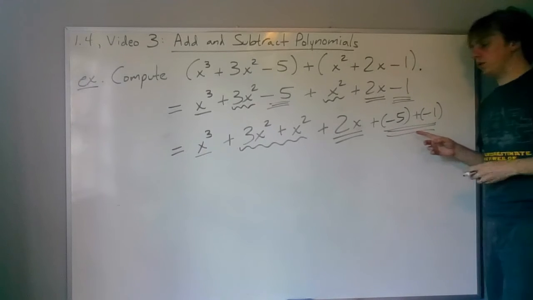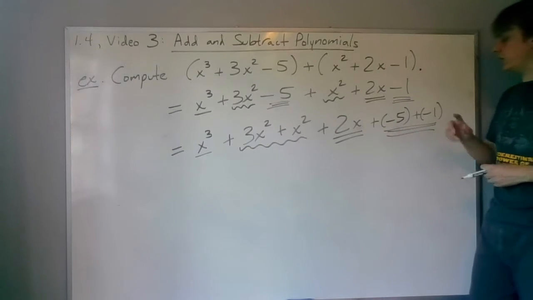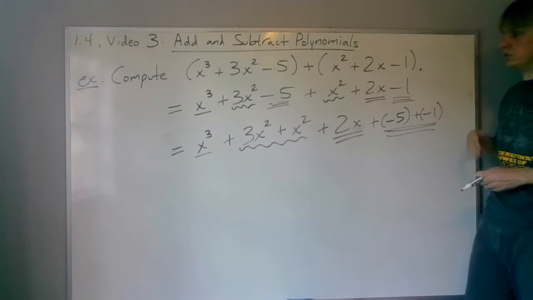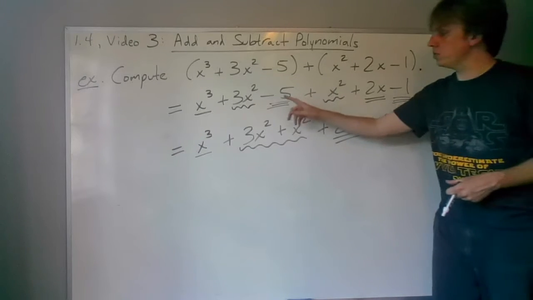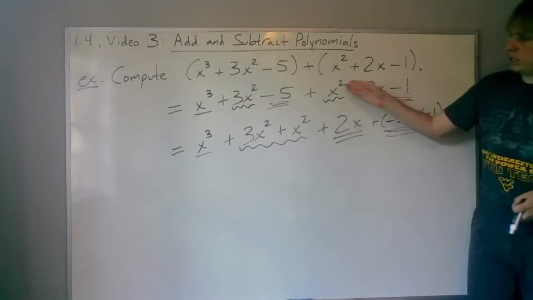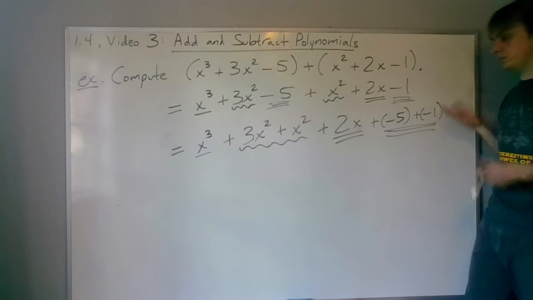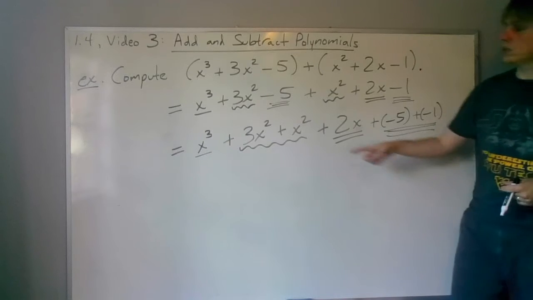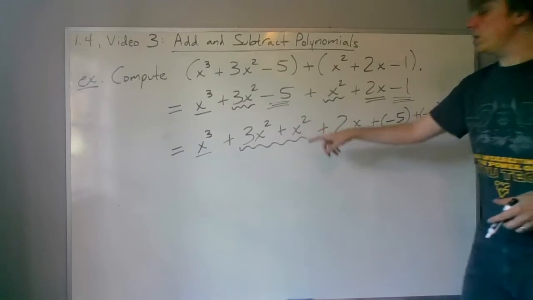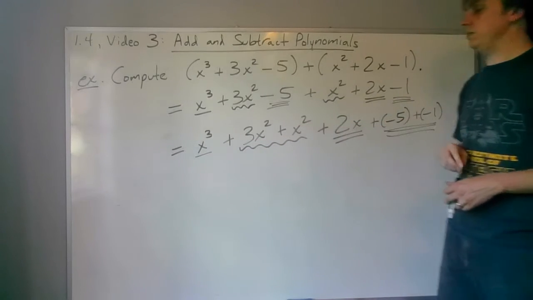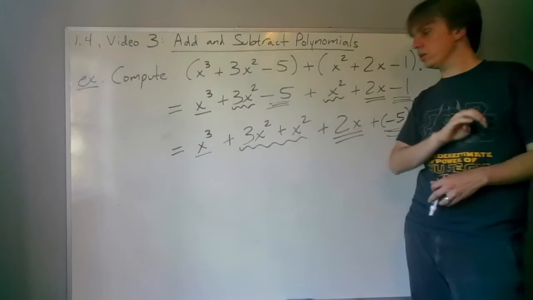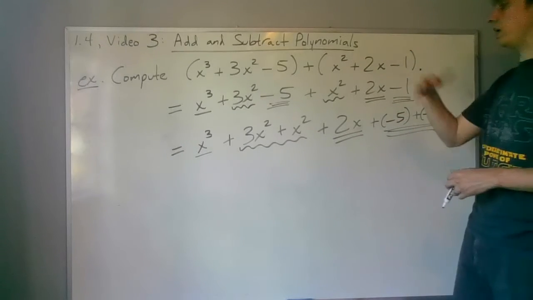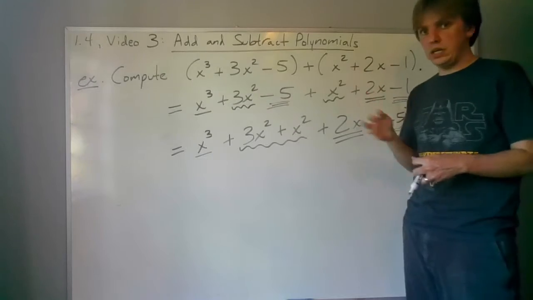And it's up to you how you want to write this, if you want to write it as plus a negative or just minus 5, minus 1. As long as you remember that the 5 was negative, the 1 was negative, everything else in this particular problem was positive, that's fine. Okay, and now let's try and combine our like terms. 3 of something plus an implied 1 of something would be 4 of that something. So make sure you're not trying to add 3x squared plus x squared and turn it into x to the 4th.